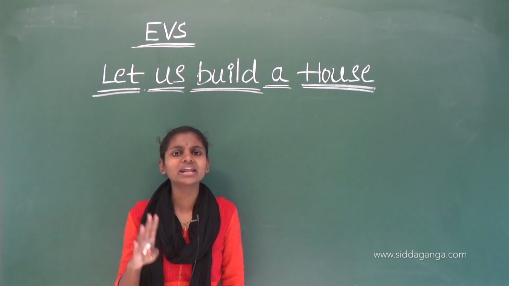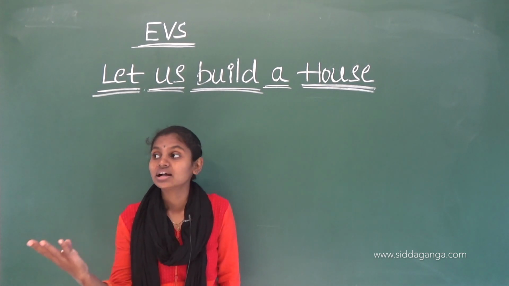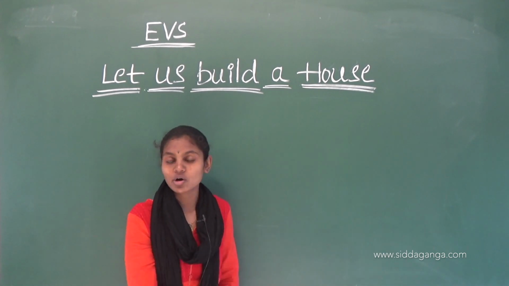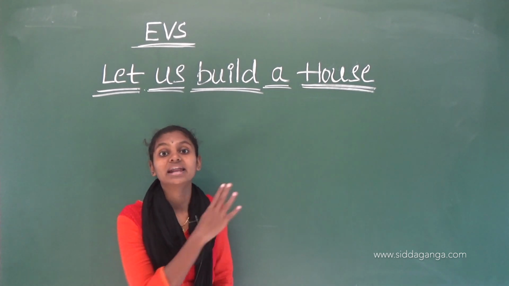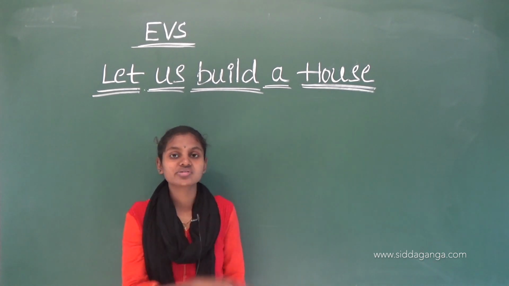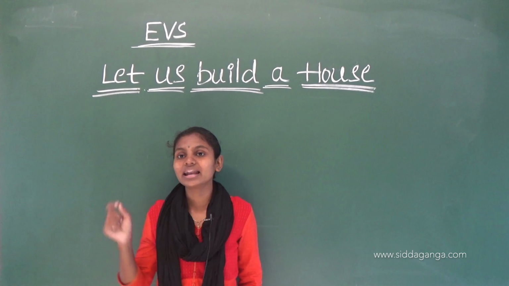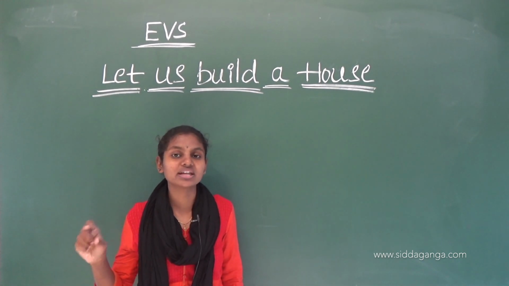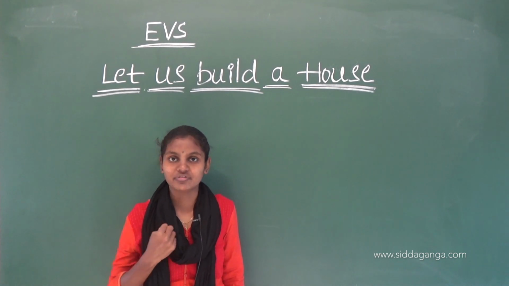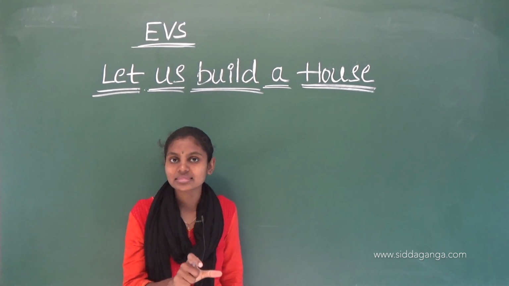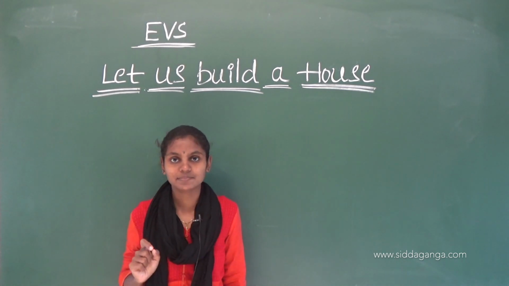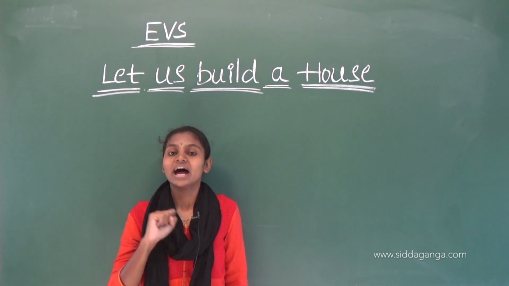There are so many houses, some are huts, some are farmhouses, some are apartments, some are tents, and some are buildings, and some are sheet houses. So, like this, there are so many kinds of houses in our surrounding, and we can see them in our day-to-day life.